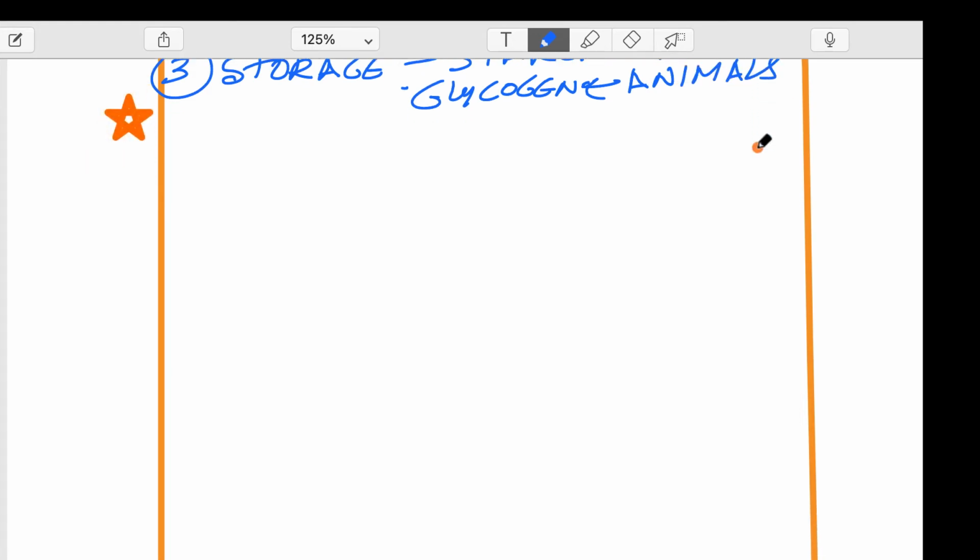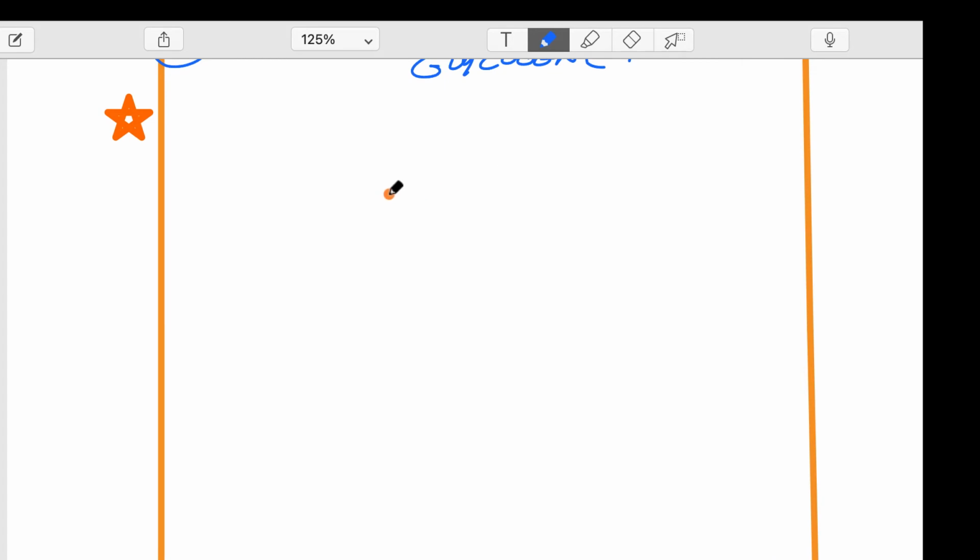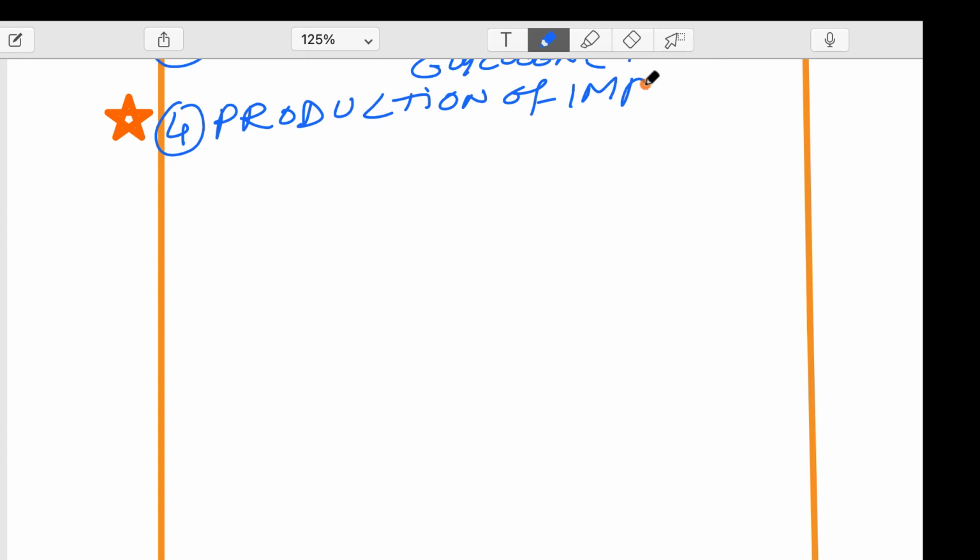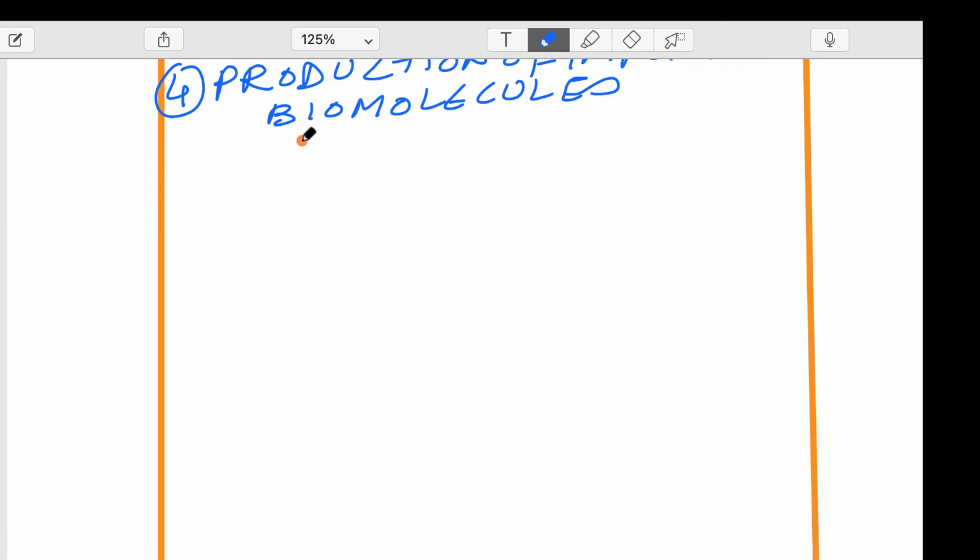Then the next one is the production of important biomolecules. What are these biomolecules? Let us take some examples. It is very difficult to take all the examples.